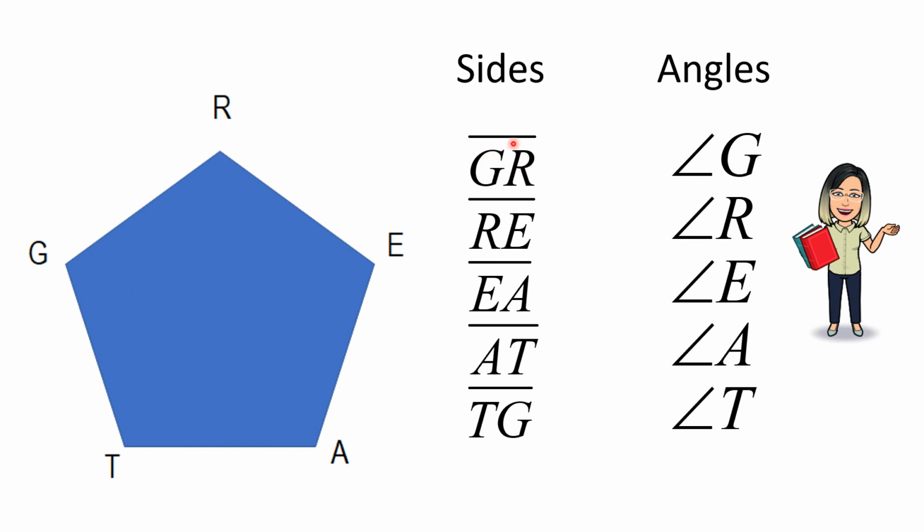The sides of the polygon are segment GR, segment RE, segment EA, segment AT, segment TG. We have the angles of the polygon: angle G, angle R, angle E, angle A, angle T.